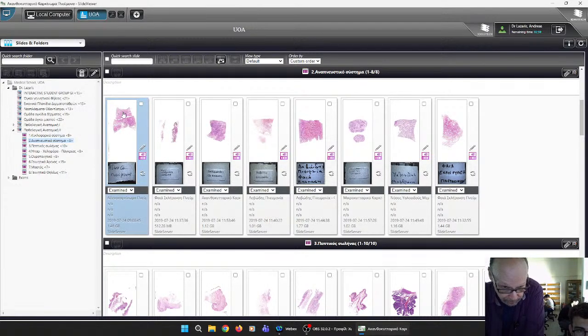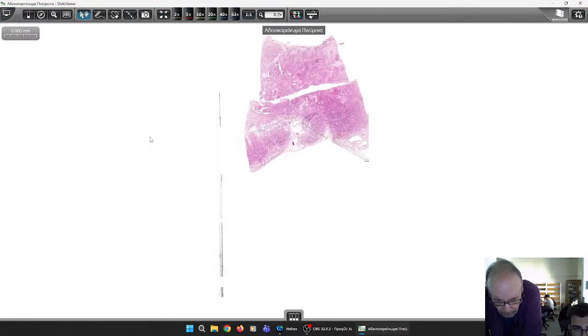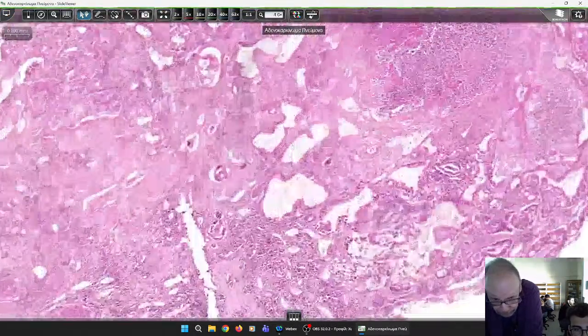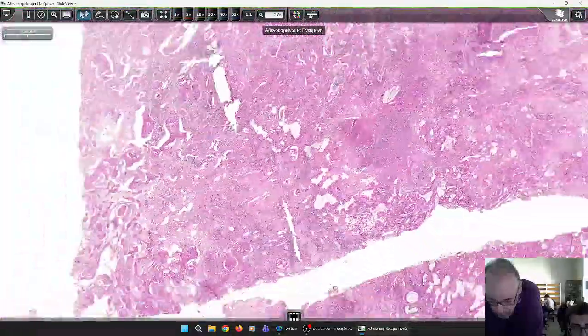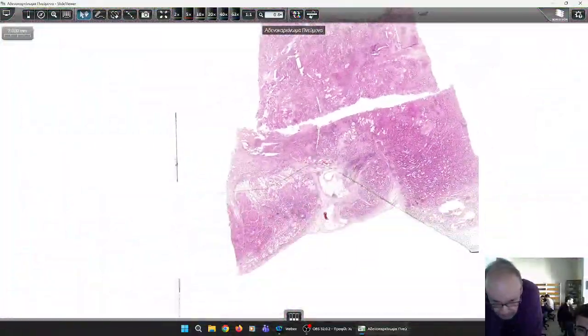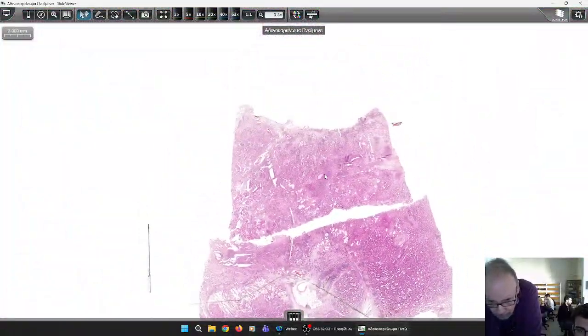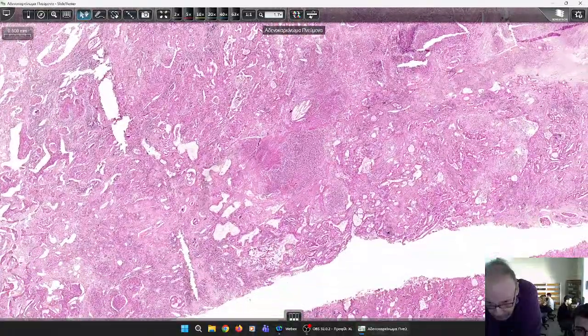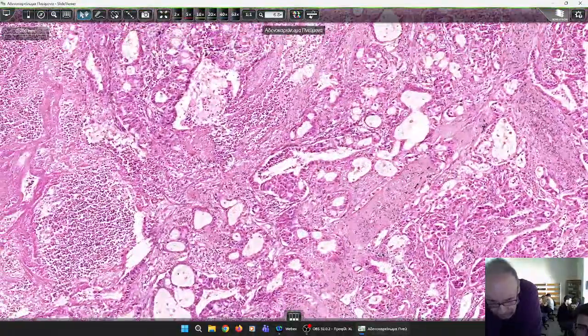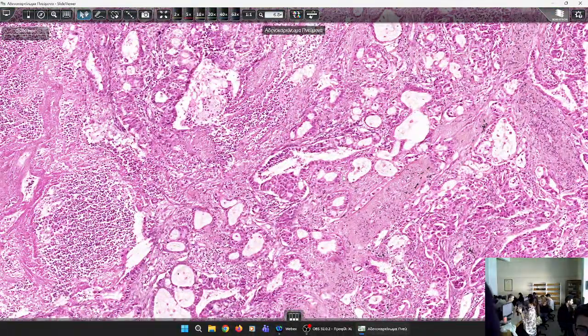Here it is, this one, the first slide in the row. Now, look here. There is an infiltrating tumor. We'll see atypia. However, here there is evidence of differentiation.